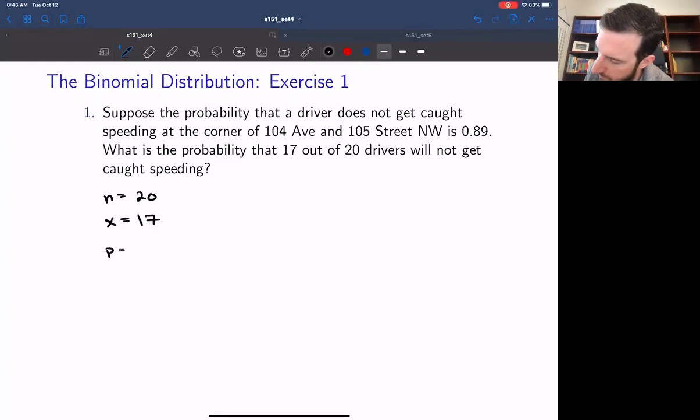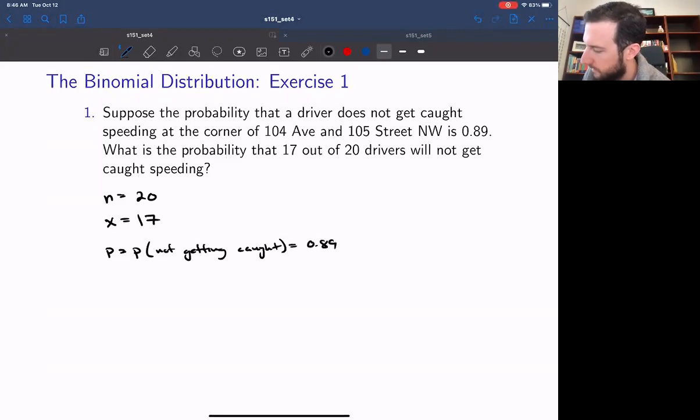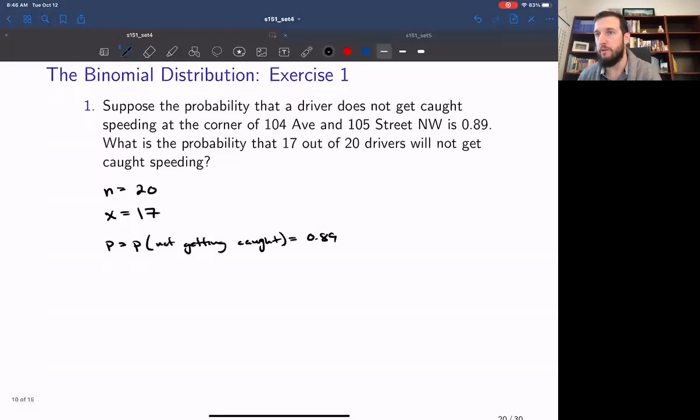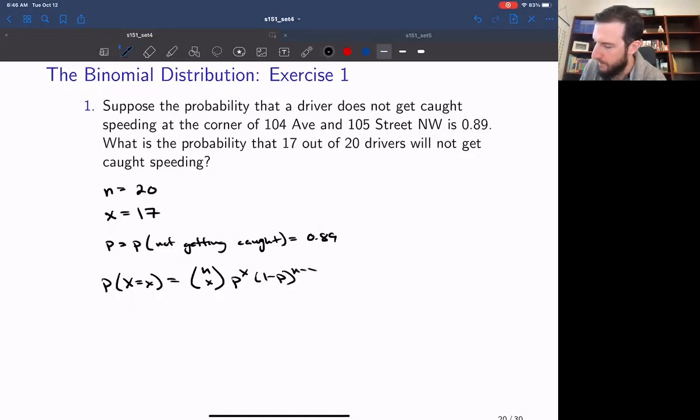And then little p, which is the probability of not getting caught, is equal to 0.89. Okay. All right, so from this point, all we actually have to do is sub in. So we have the probability x equals little x is equal to n choose x, p to the x, 1 minus p to the n minus x.